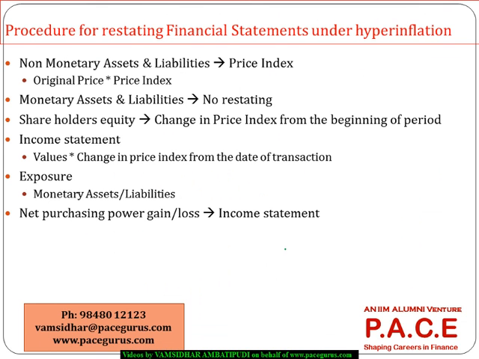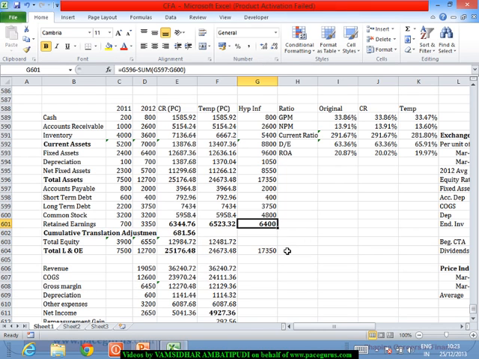The same thing I can do with the income statement, but this is based on the average, because I am taking the price index from the date of transaction. I should not take it from the beginning of the period. So generally I will go with the average price index for each one of them.